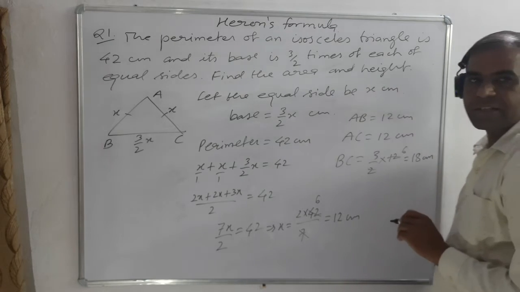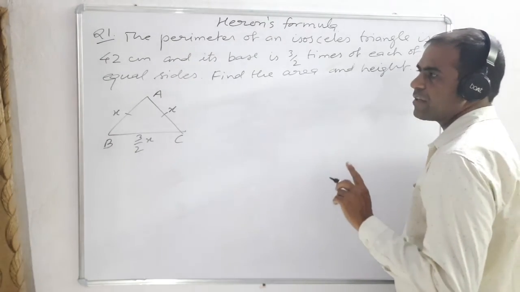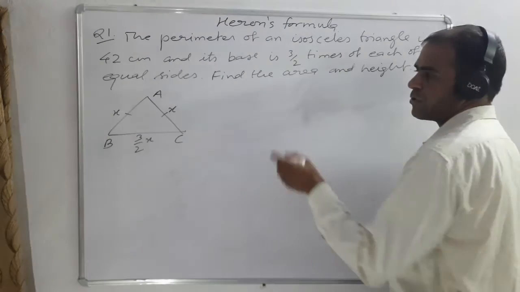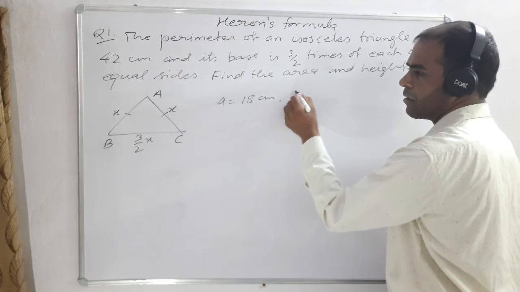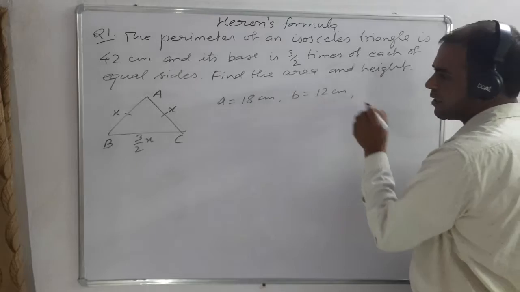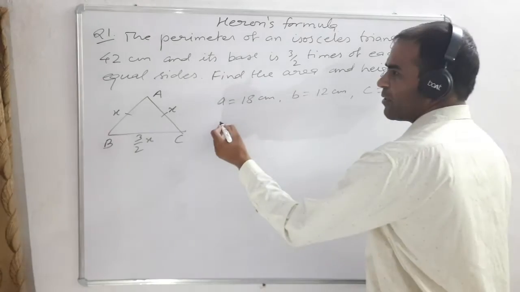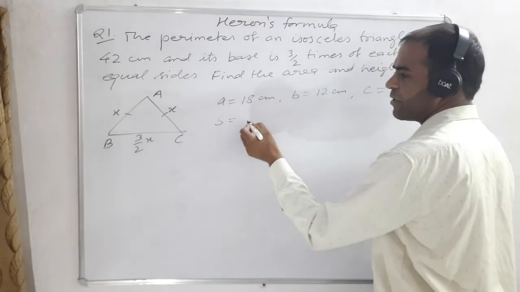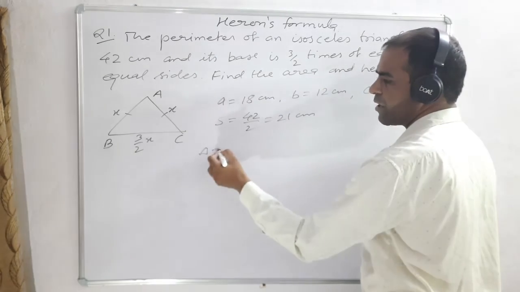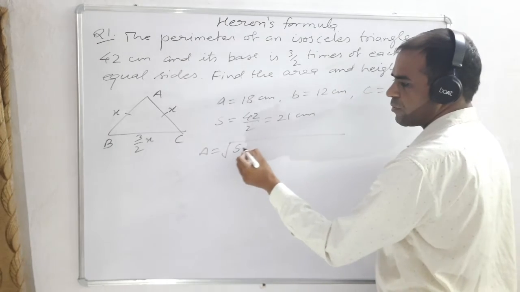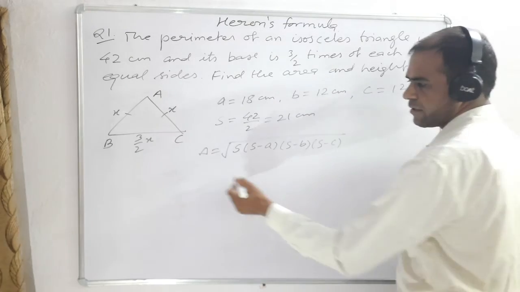These are the sides. After finding the sides, we will find the area of this triangle using Heron's formula. So here a equal to 18 centimeter, b equal to 12 centimeter, and c equal to 12 centimeter. Perimeter is 42, therefore semi-perimeter is 42 by 2, 21 centimeter. And area of triangle is square root of s minus a, s minus b, and s minus c.